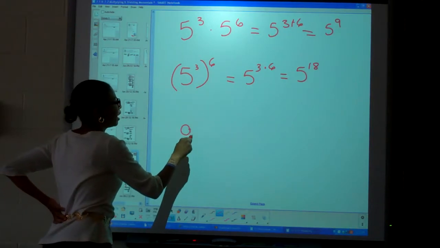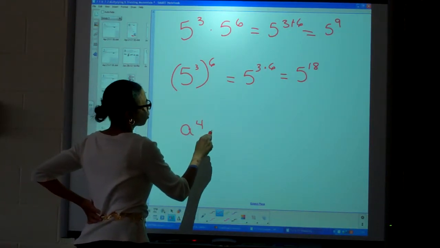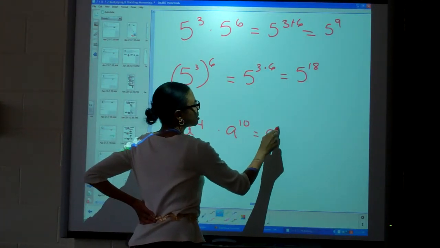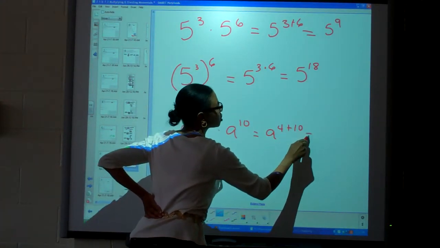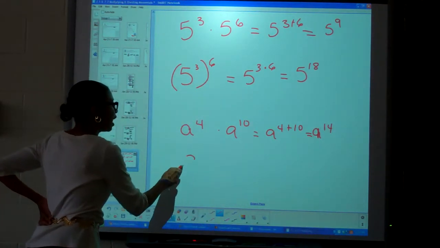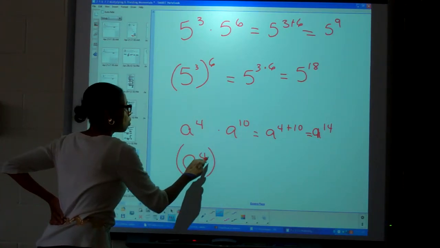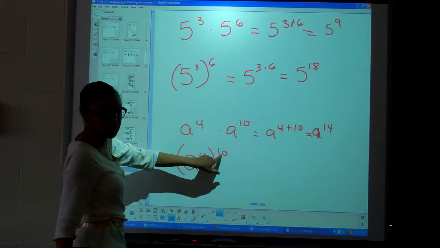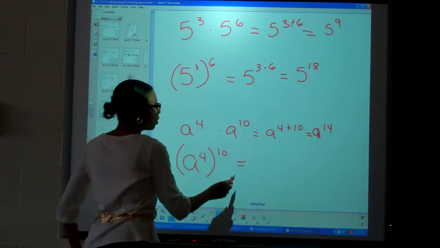If I have a to the 4th times a to the 10th, we were doing a to the 4 plus 10th power, which is a to the 14th power. Well, if I have a to the 4th, quantity 10th power, because I have these parentheses and the exponent on the outside, now we multiply.